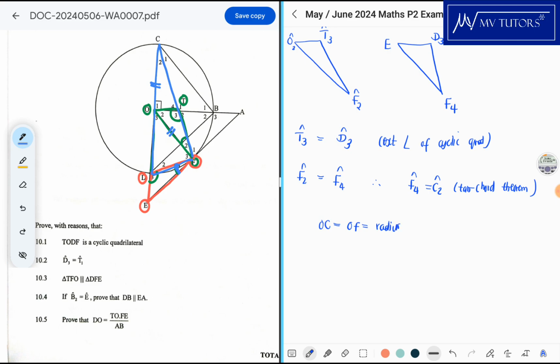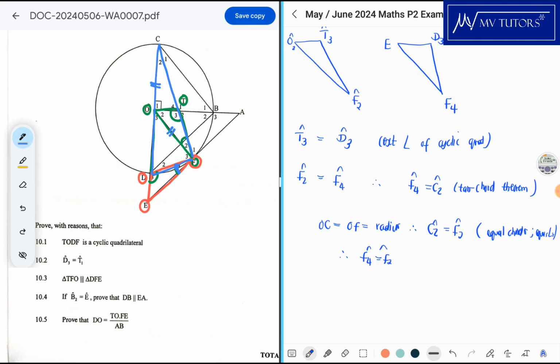Therefore, C2 is equal to F2, equal chords, equal angles. So we know that C2 is equal to F2, therefore F4 is equal to F2.